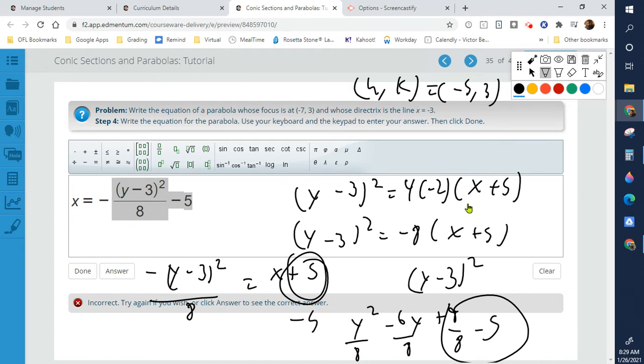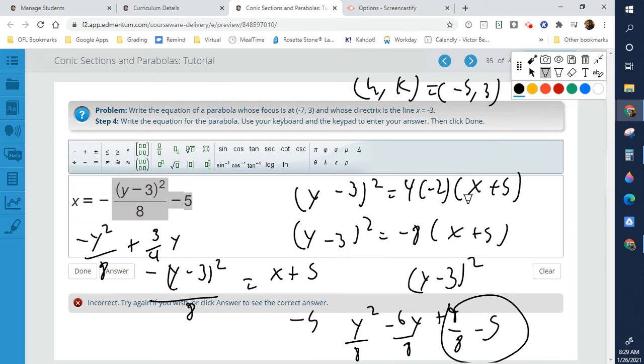Let me solve it. I'm honestly just being lazy. So we're going to get negative y squared over 8. Remember, we're dividing by a negative, plus 6y over 8, which we can actually reduce to 3 over 4y.